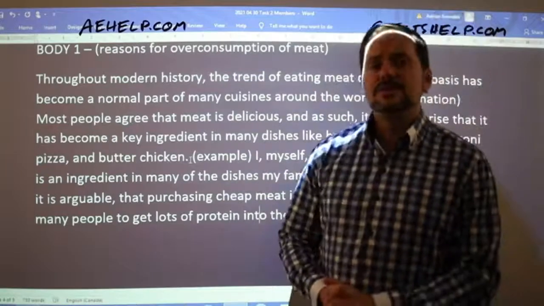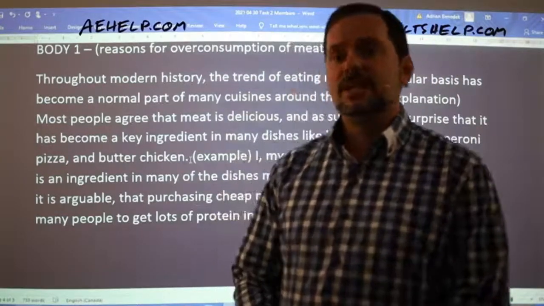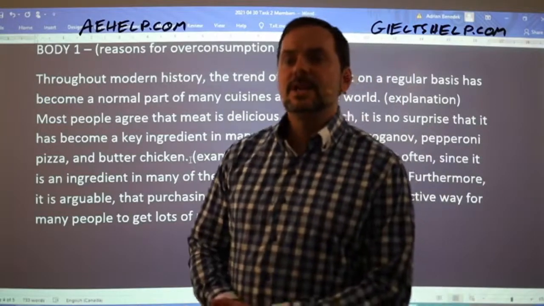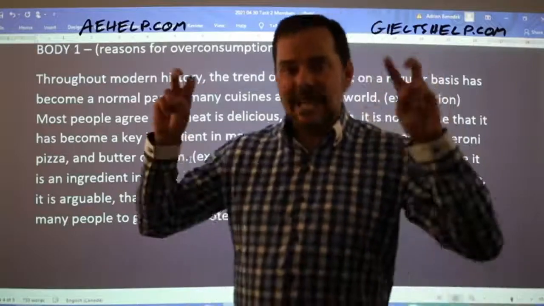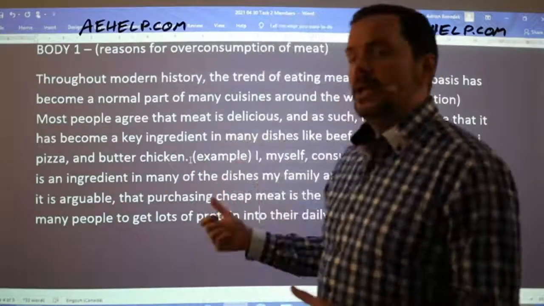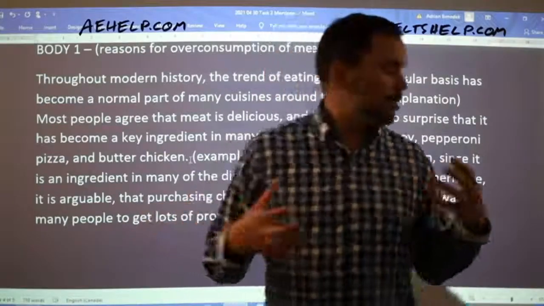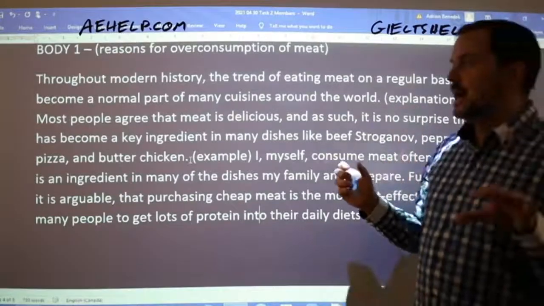Okay. Rajveer is writing, since most individuals love the delicious taste of meat, it has become an imperative ingredient in many burgers and pizzas. Yeah, so just giving a couple of examples of where we find meat. I'm doing the same here, and that's not the personal example yet. So this is just an explanation.